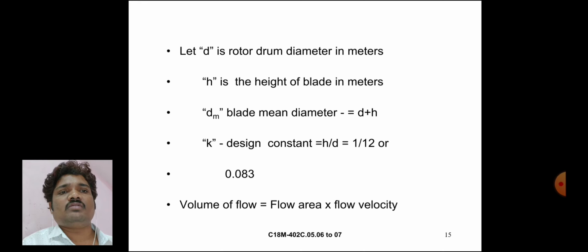Volume of flow equals flow area into flow velocity.